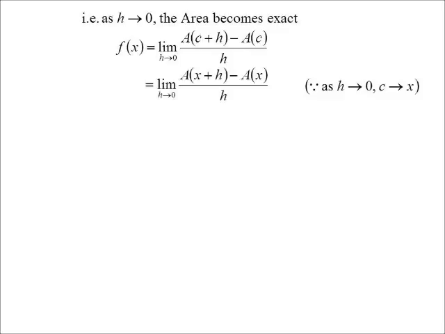But remember, we said H is approaching 0, so C and X are approaching the same value. So I'm going to replace C with the X, because they're going to be the same thing as H approaches 0. Now look at this formula. Some function X plus H minus some function of X all over H. That is our first principles formula for differentiation.